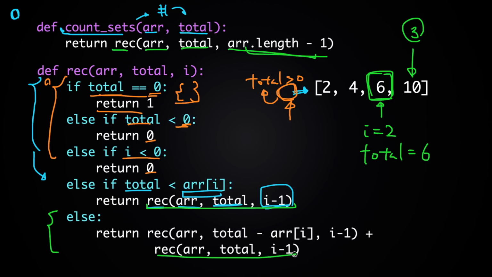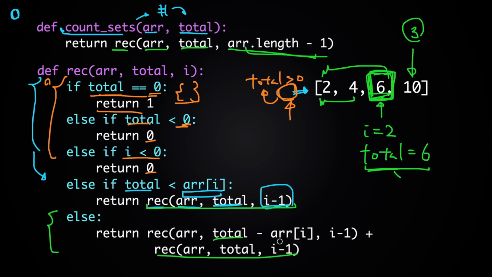And the second case is when we do include this item in the subset that we're trying to construct. And just like I explained before, the way you can think about it is this. The number of subsets that add up to the given total, 6 right here, which include this number 6, is equivalent to the number of subsets that add up to total minus the current item.